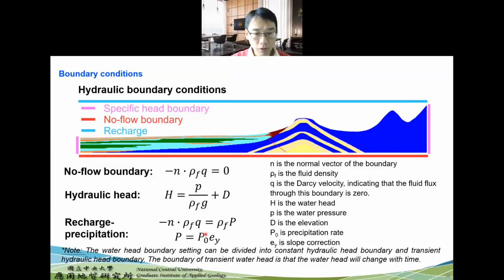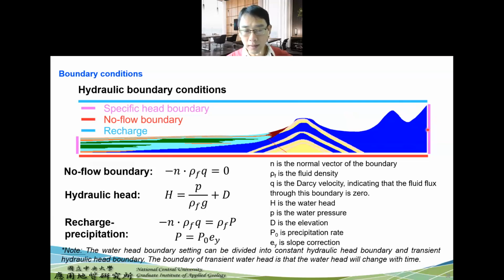And for the boundary conditions, if you're doing numerical models in the future, remember that all the boundaries you need to describe very carefully and clearly. So for the hydraulic boundary conditions, we need to set up all areas to have suitable boundary conditions. Like the upper part we set up could be a recharge boundary, or in the beginning we're using no flow to see only the water flow pattern.